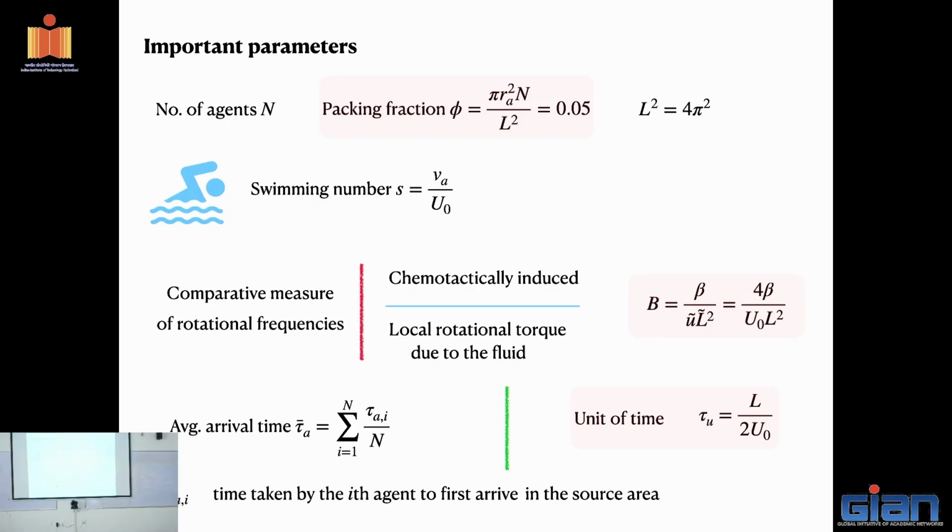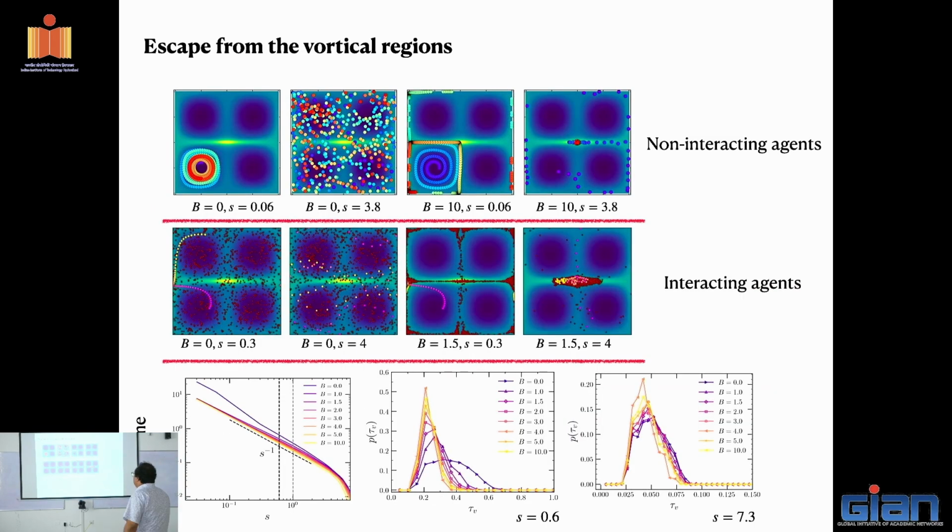B is a measure of that strength. Then I have some time frame in which the bacteria will arrive at the food source, let's say tau sub A. So I can compute some average arrival time, where tau A sub I is the time taken by the ith agent to first arrive in the source area. That's the only incident I will consider.